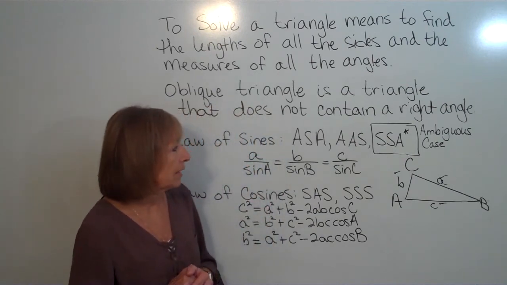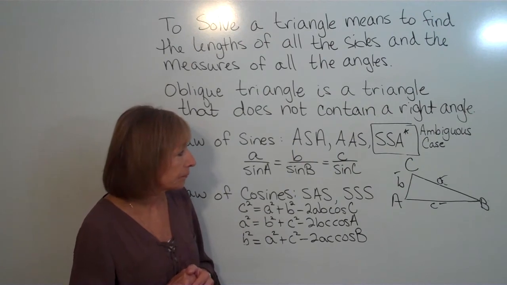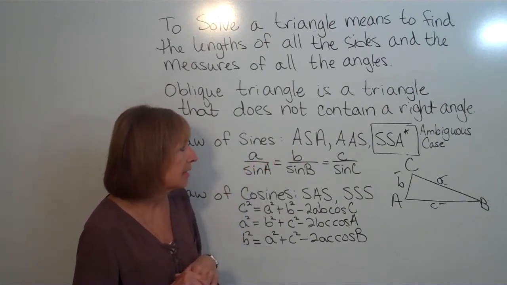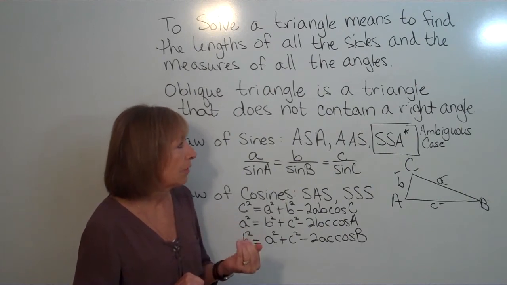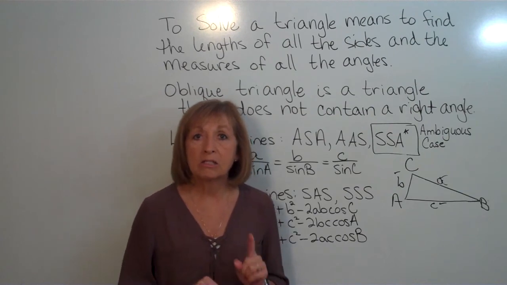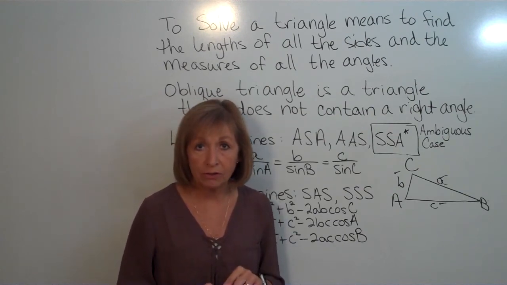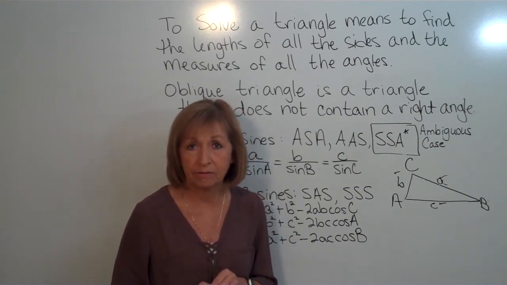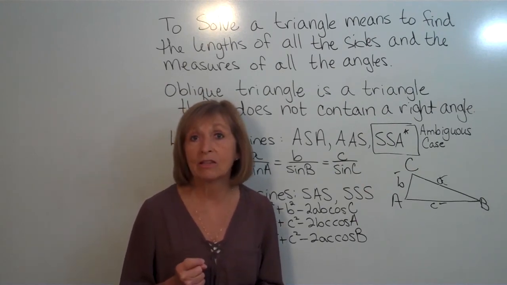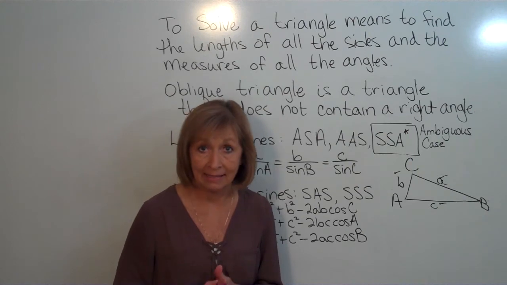One other thing that I wanted to mention is that when you're using your law of sines to find your angle, always go get the smaller of the angles first when there are a couple of different angles to find, and the smaller of the angles is the one that's opposite the shorter of the sides.